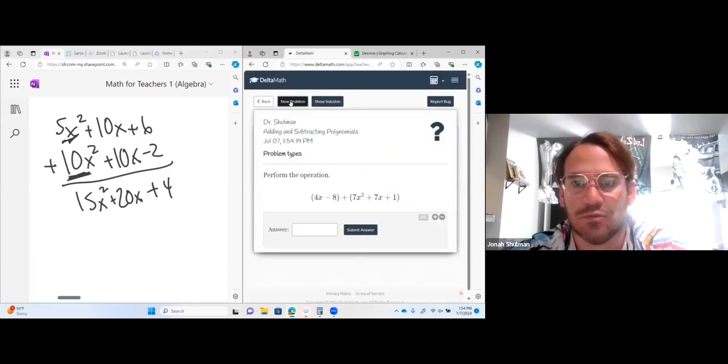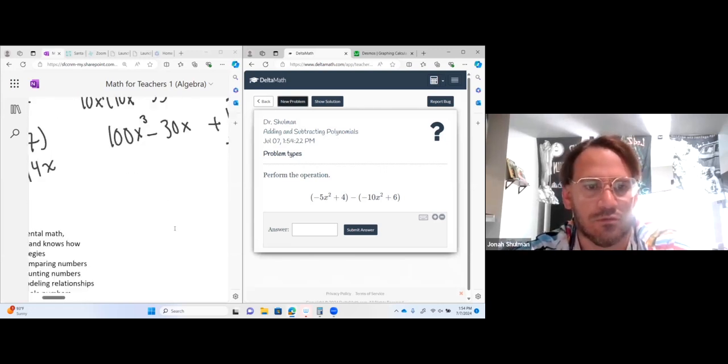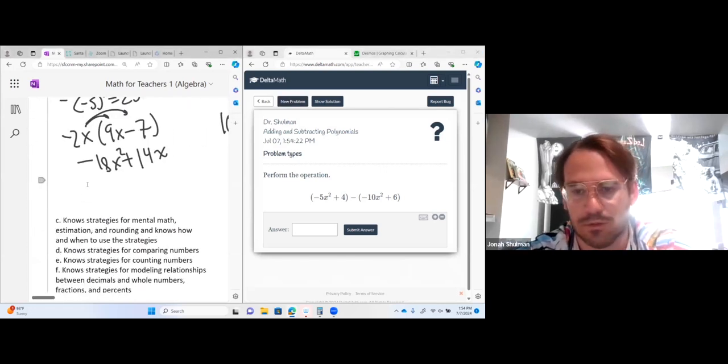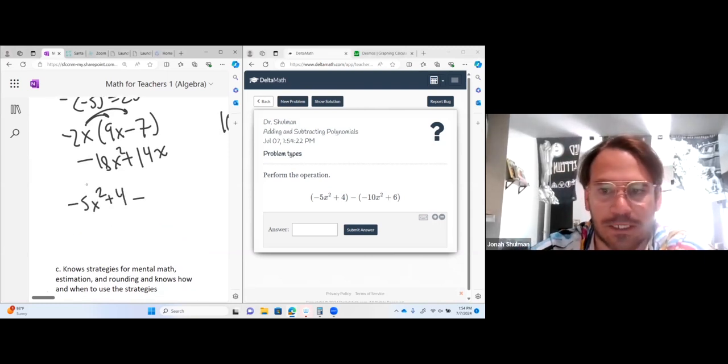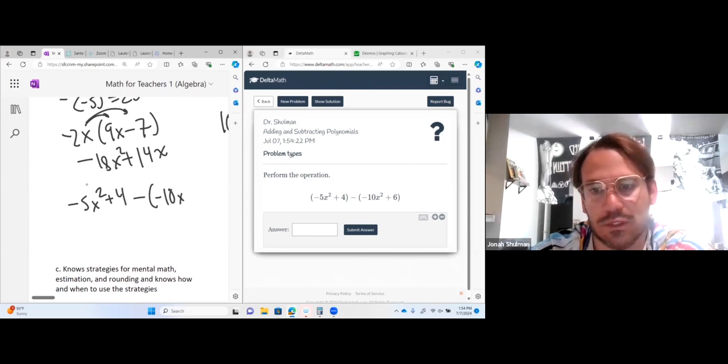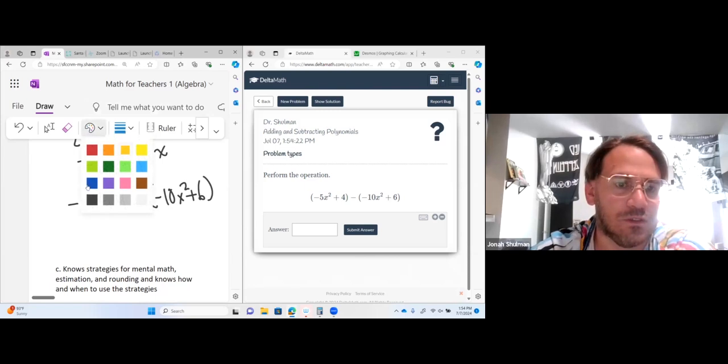All right, I'll do another one. Maybe they'll give me a subtraction one here. Here we go. I got a subtraction. So might as well drop it down so it's in another one. So here we go. Negative 5x squared plus 4 minus, and here's the big mistake that so many students will make. They don't know that the minus goes to all of them.